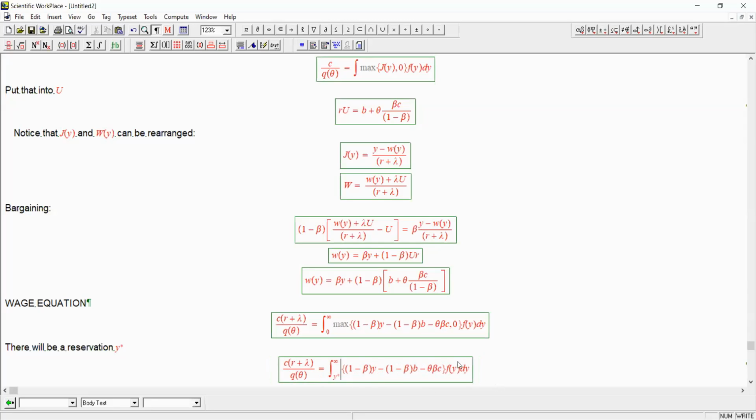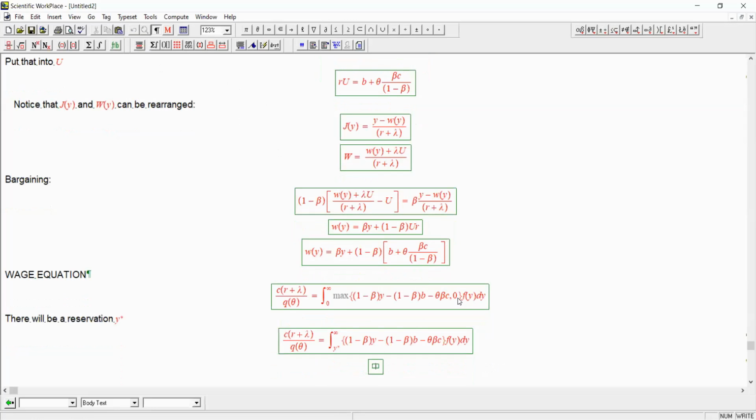this expression. And so the equilibrium of this economy is characterized by two equations. One is this one, and the other one is, of course, the definition of y star. And what is that? Well, it's just simply that this whole expression must equal 0 for y equals y star.